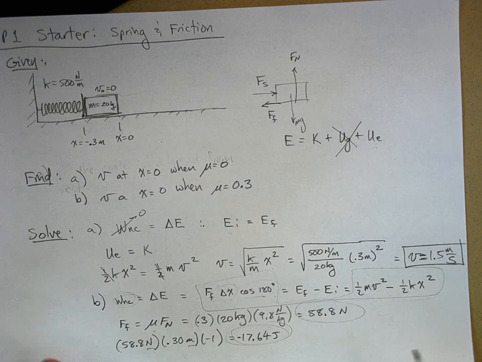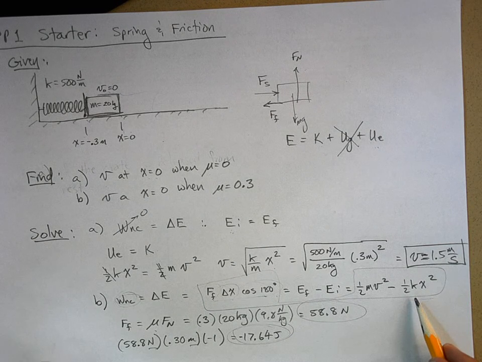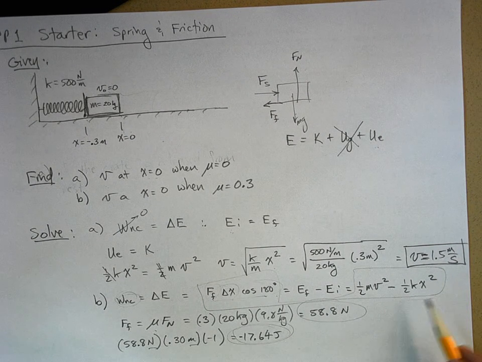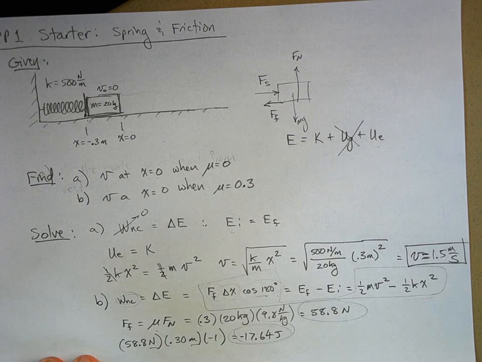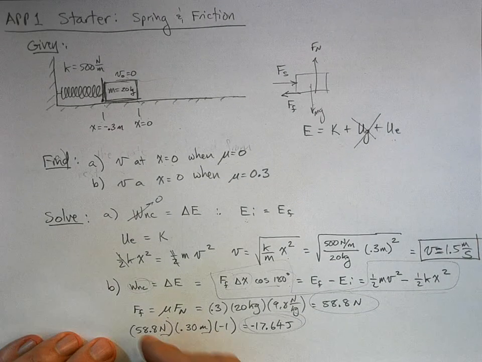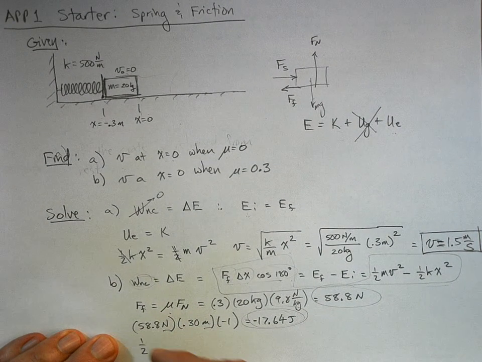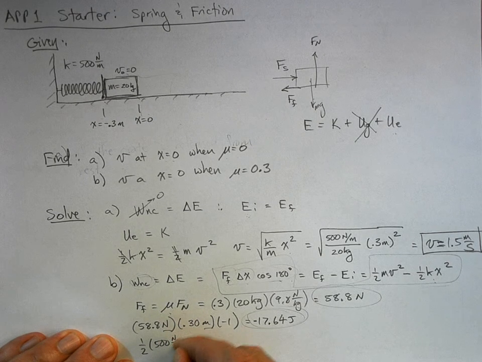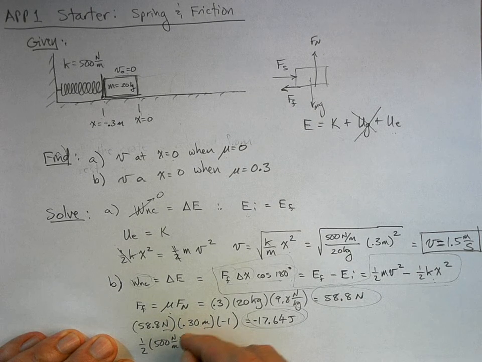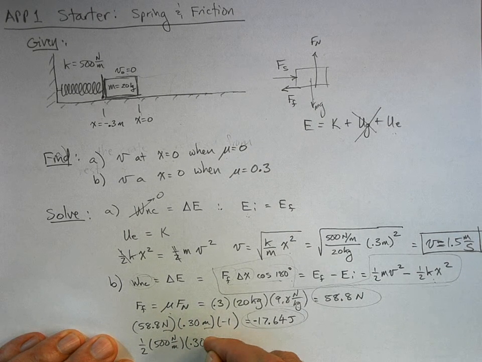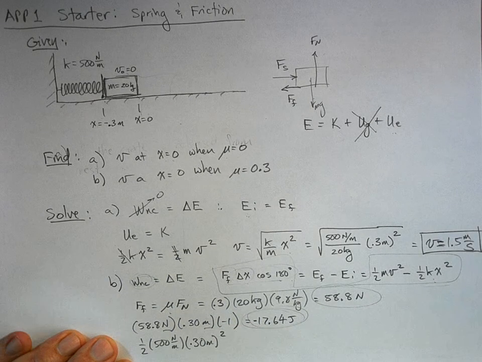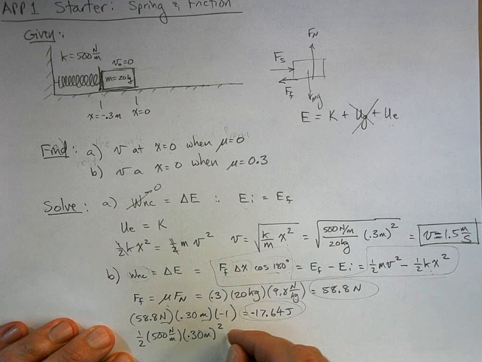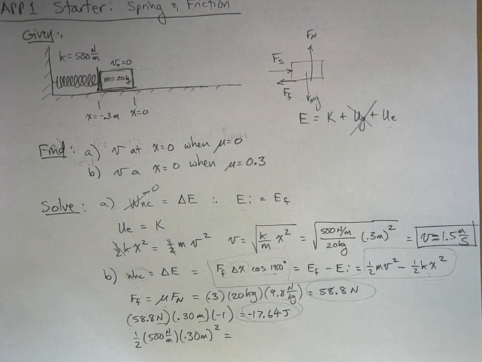Now let's figure out how much energy it had to begin with. The initial energy, which was 1/2 k x squared, was the energy stored in the spring.